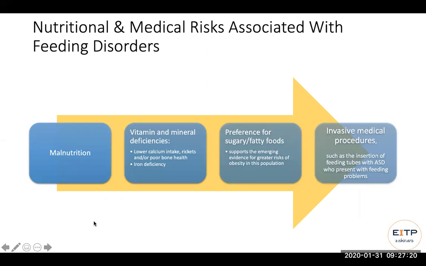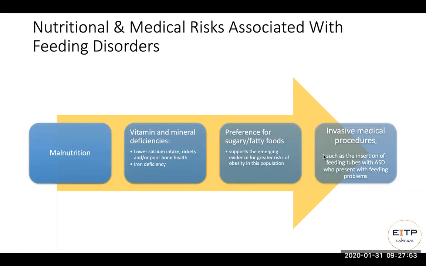Feeding disorders can cause malnutrition, and can cause vitamin and mineral deficiencies like low calcium and iron deficiency. In kids, it doesn't always cause low weight, but overweight, because particularly in older kids with autism, there's a tendency to eat fatty foods, and there's a risk for obesity.